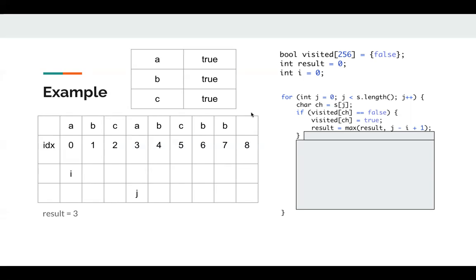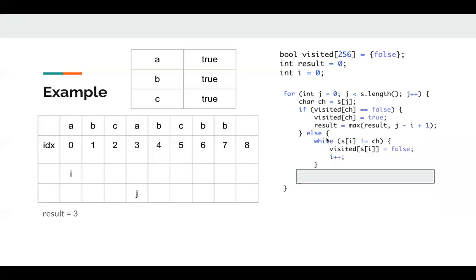And j is A. We know A is true, which means this if condition does not hold. So we need to go to the else branch. What does the else branch do? It will move i until we meet the same character. Since the current character is A, we move i until we meet A. i is already at A, so the while condition does not hold.